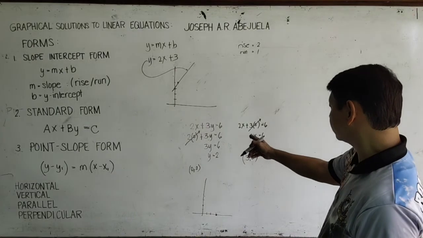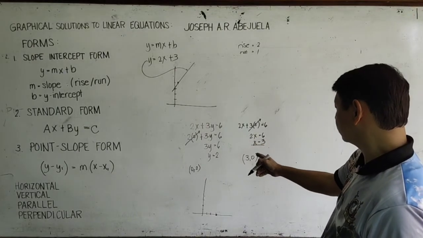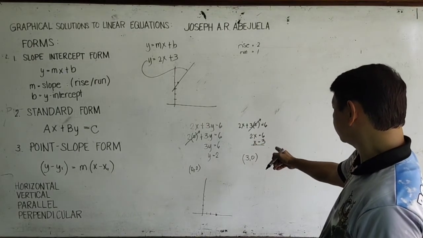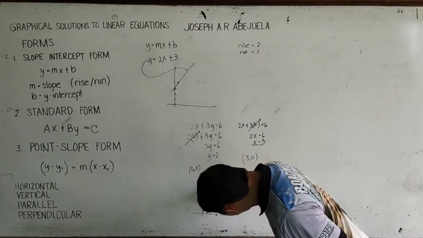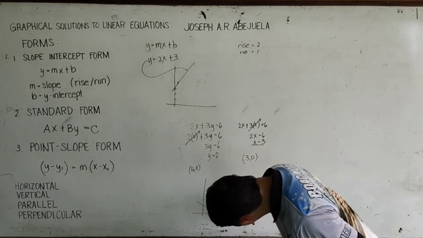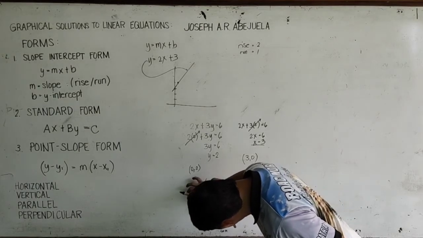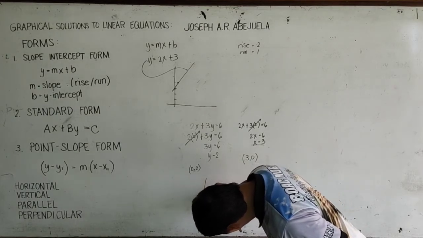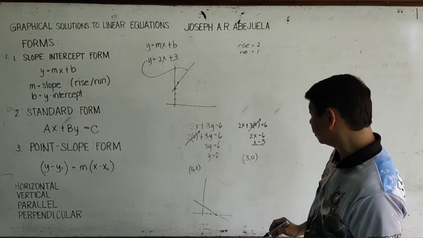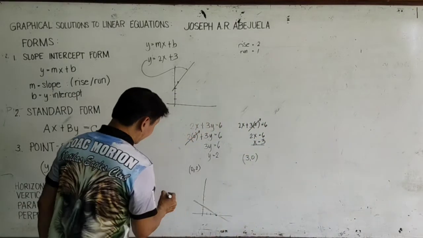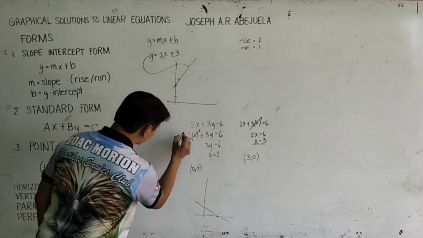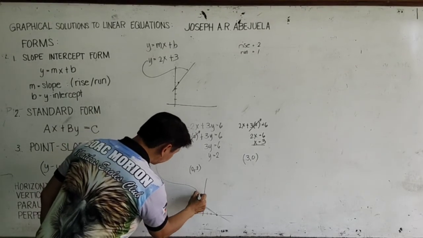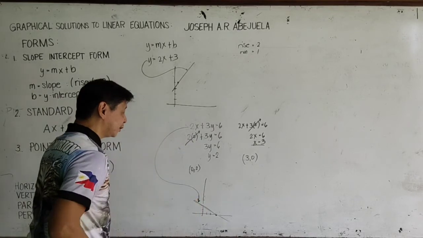Okay, so we just have to connect the points. Yeah, there. So this is the line for 2x plus 3y equals 6.